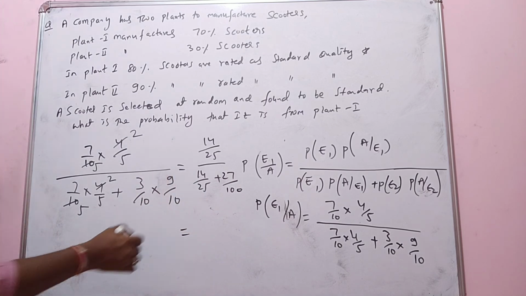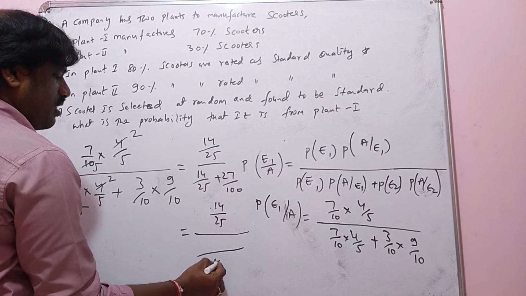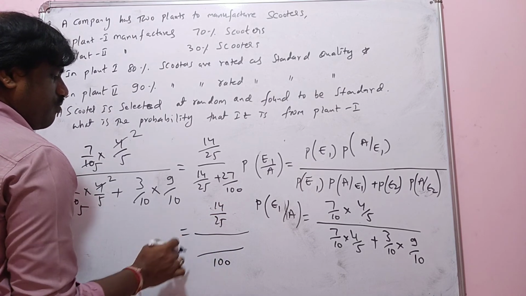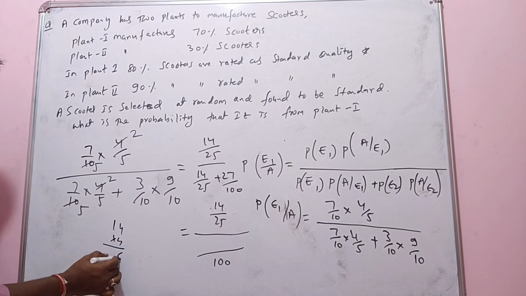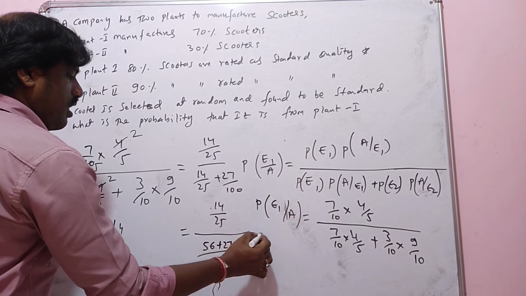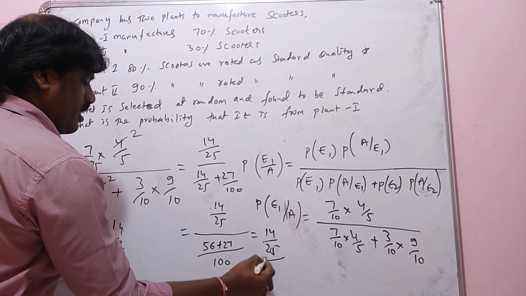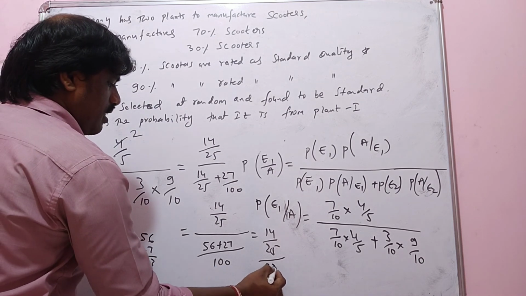So here I will get 14 by 25 divided by, here 100 is the LCM, 25 times 4, so 14 fours are 56, plus 27. I will get 14 by 25 divided by 56 plus 27, which is 83 by 100.